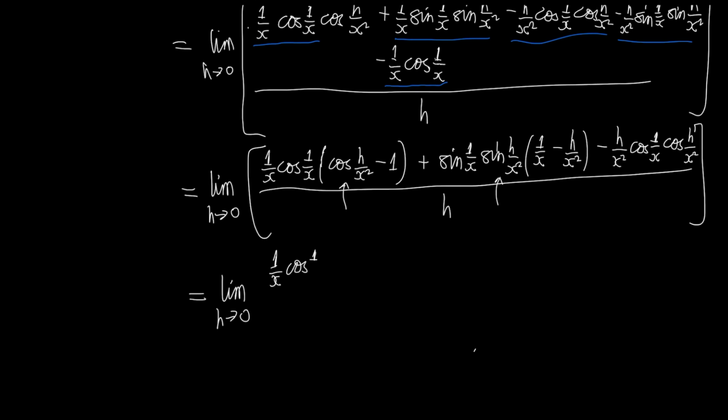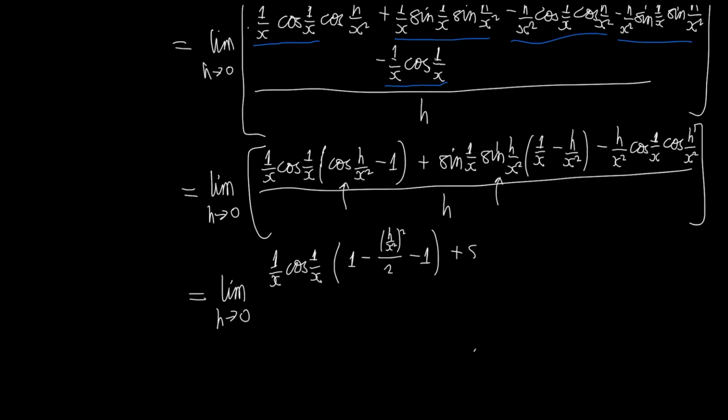So let's write it out. We have 1 over x cos 1 over x. This can be rewritten as 1 minus h over x squared over 2, and then we subtract 1.